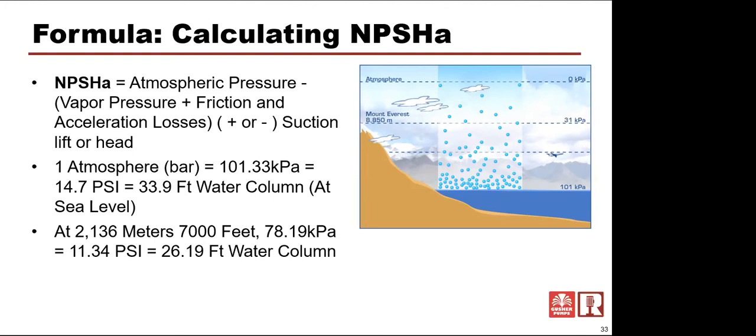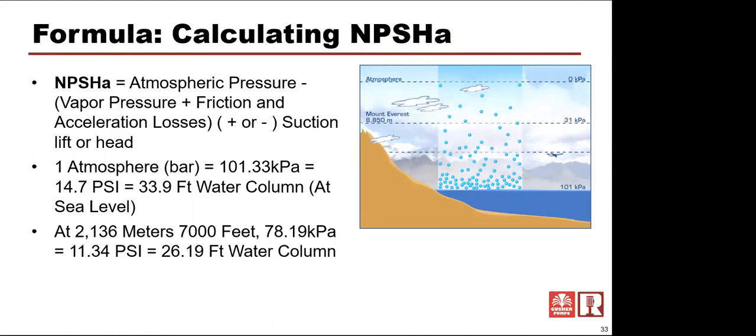However, if the system we're talking about is at 7,000 feet or 2,136 meters above sea level, average atmospheric pressure, and atmospheric pressure changes, but average atmospheric pressure at that point is 78.19 kilopascals or 11.34 psi. So we've dropped from 14.7 psi to 11.34.